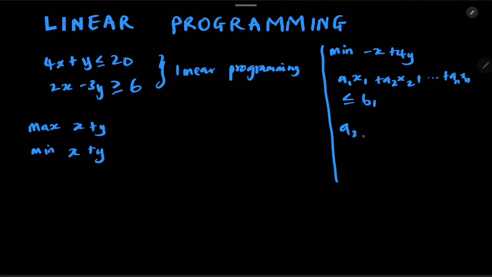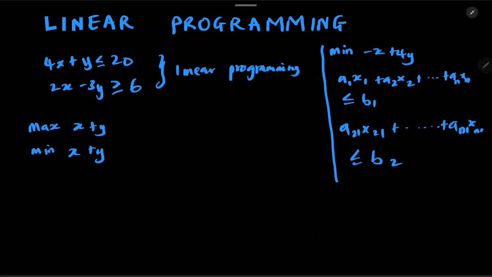We can have a21 x1 plus, all the way to an1 x1. You just have a form of linear inequality.